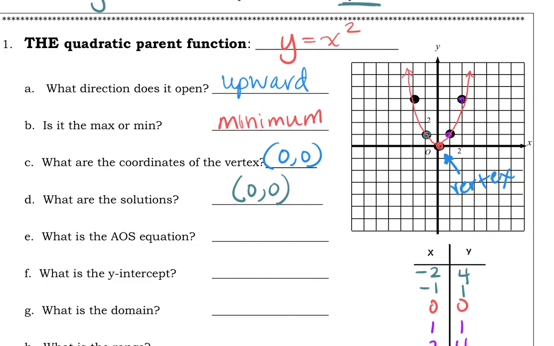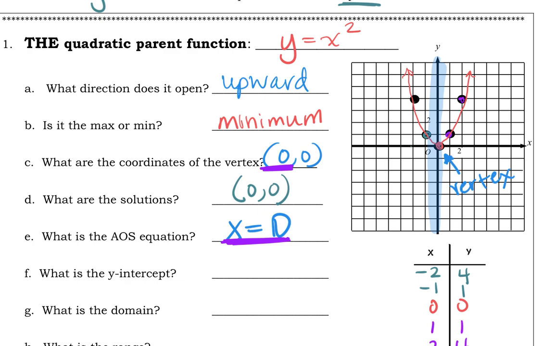So this is going to be x equals 0. And just a reminder that your axis of symmetry should always match that x value from your vertex. So these two should always be the same. You can highlight them if you want. You can box them in, but those two should always be the same.